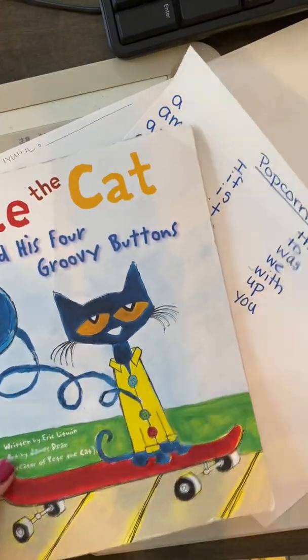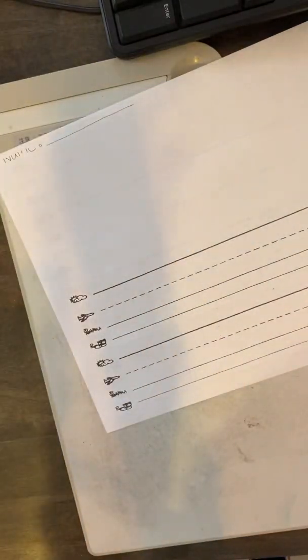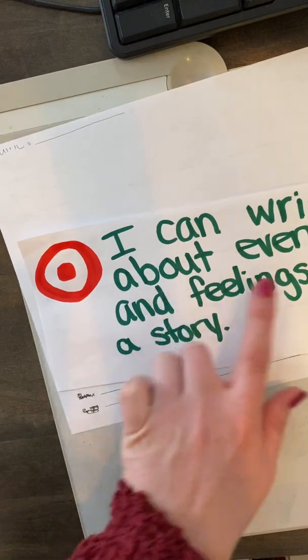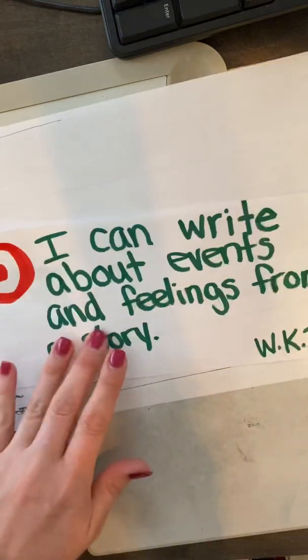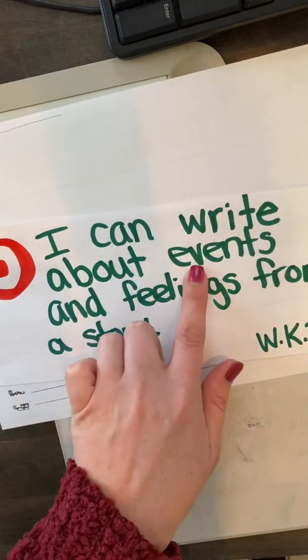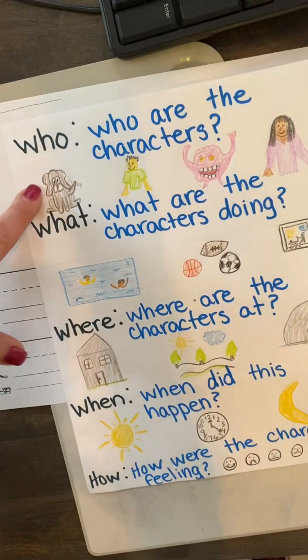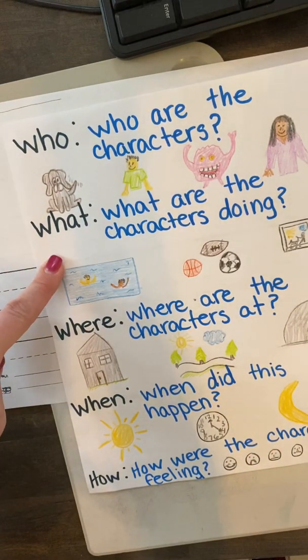Okay. So again, our learning target today is I can write about events and feelings from a story. All right, so we're going to be writing about the who, which was Pete the cat. The what was he doing?